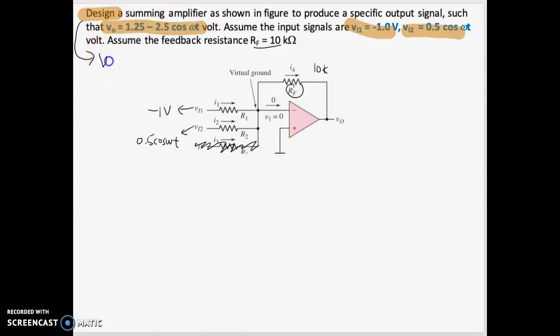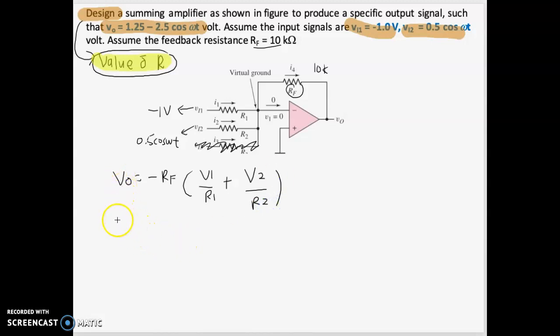You need to find the value of the resistors. So again, when the question says design, it means you need to find the value of the resistors. This is important. Let's go back to how you derive this. Just now you derived Vout equals minus RF times V1 over R1. In this question we only have two inputs, so we stop at R2. It's given that Vout is equal to 1.25 minus 2.5 cos omega t.